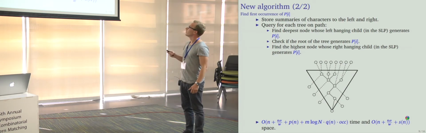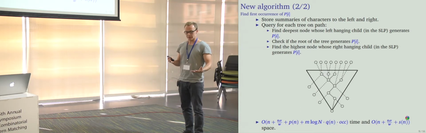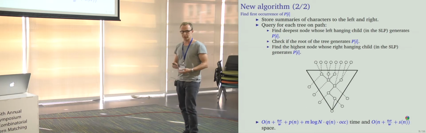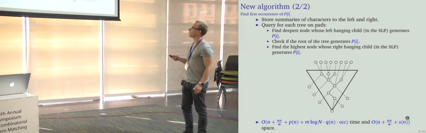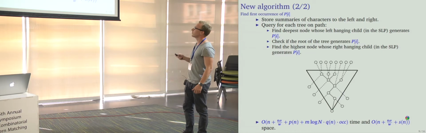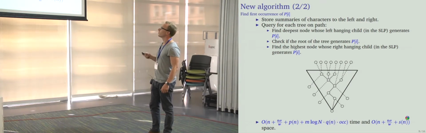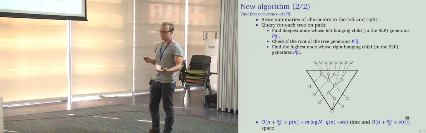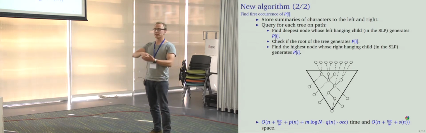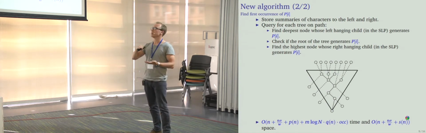Because we can color the nodes of the tree with colors that are equal to the summaries that I showed you before. If we do a summary of the characters generated by this node, this will also be the colors of this node, and so on. So in the first step of the algorithm, when looking for the first one of these that generates the character that we're looking for, it's a first colored ancestor query that we want to make.